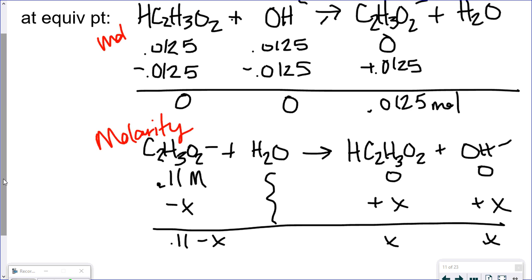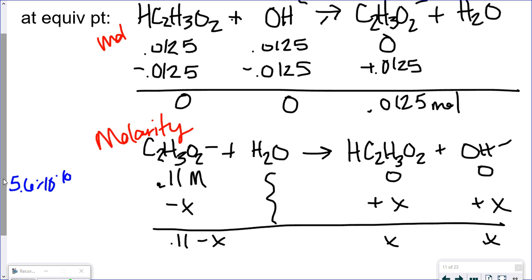So from the previous problem, our Ka value was that 1.8 times 10 to the negative fifth. Remember that Ka times Kb is equal to Kw. So you can do the 1.0 times 10 to the negative 14th divided by 1.8 times 10 to the negative fifth, and we get that our Kb is equal to 5.6 times 10 to the negative 10th.